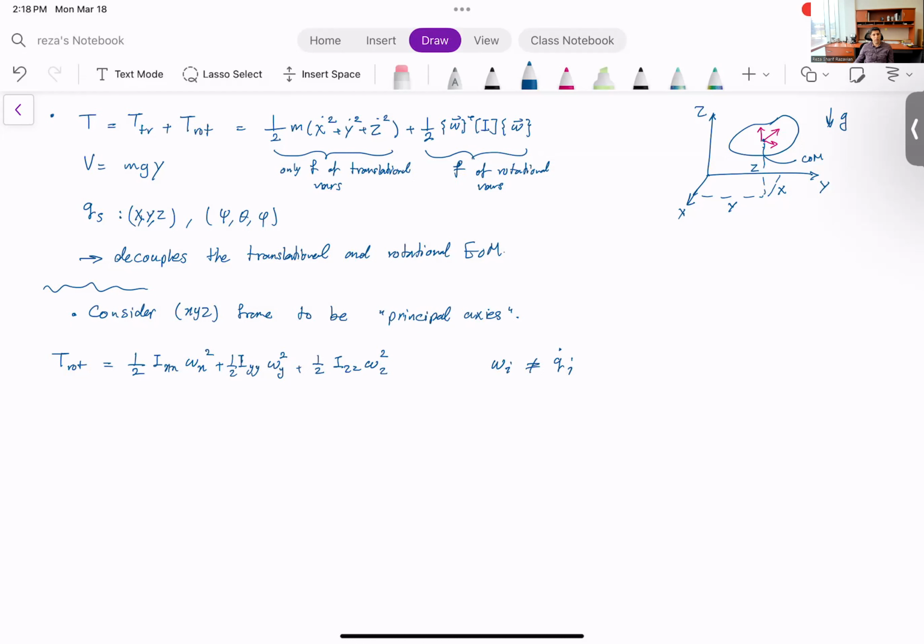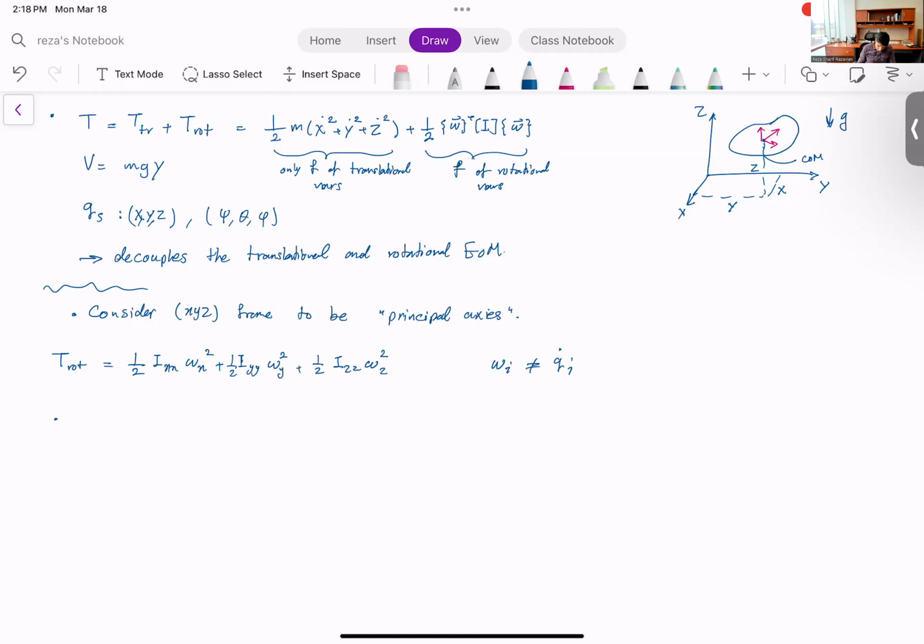I need to figure out something. The q's are the generalized coordinates that describe the orientation of my body, and a good choice for that is Euler angles. Euler angles are very easy to interpret, easy to measure in real systems, and very useful variables to consider when we are describing the orientation.